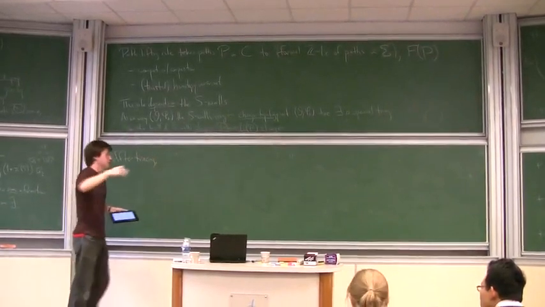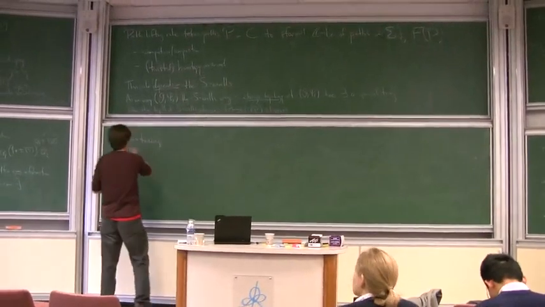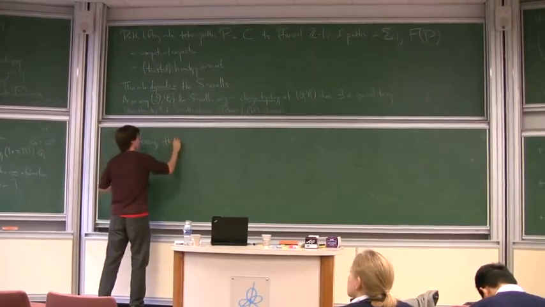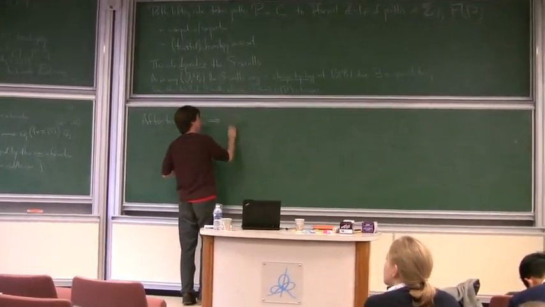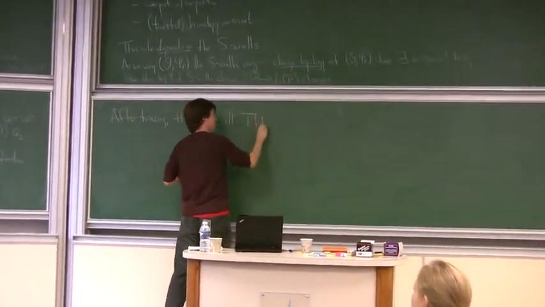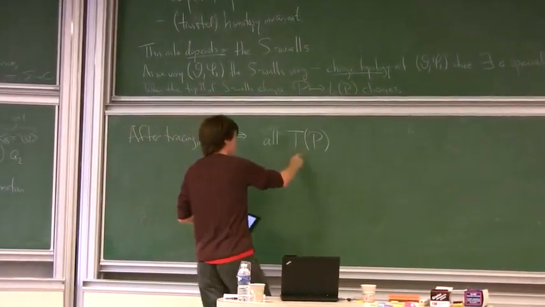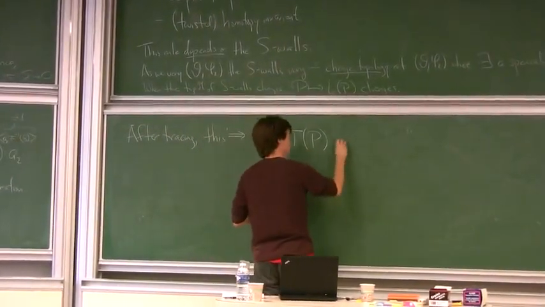I'm calling this operation of dropping the non-closed ones taking the trace. But anyway, this implies that all L of P jump by this universal thing, so all T of P also jump by a universal thing.